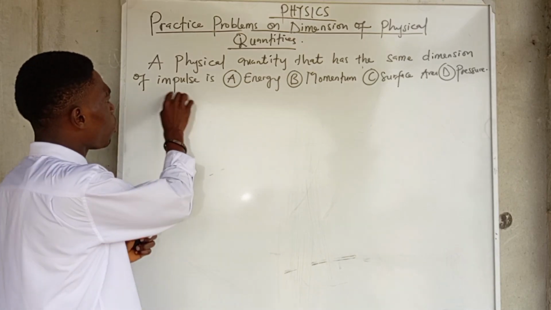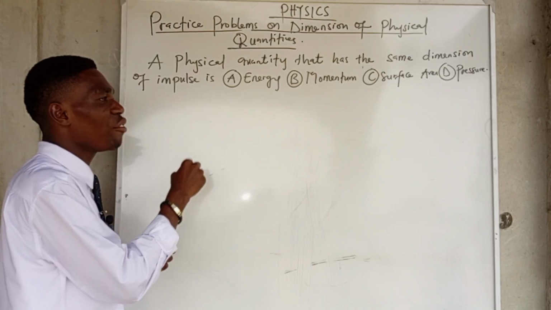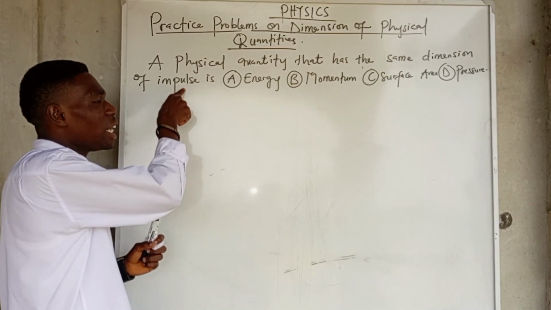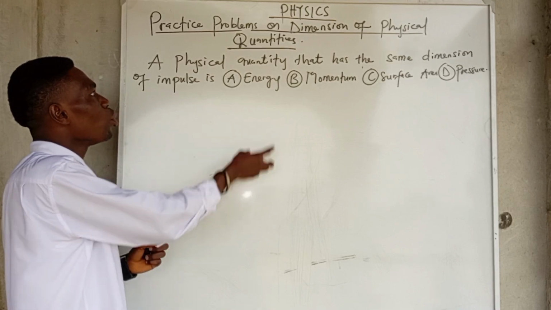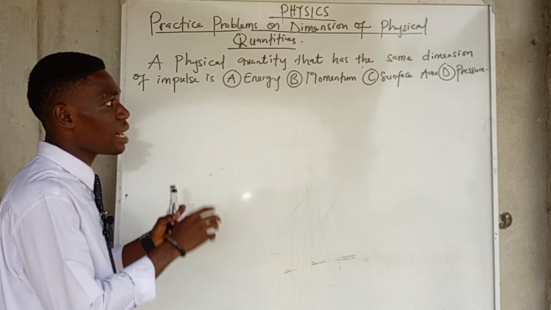So we're looking at impulse now. We are looking at what are the powers of the fundamental quantities contained in impulse that will give us impulse as a quantity.